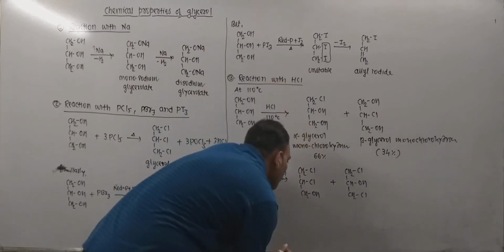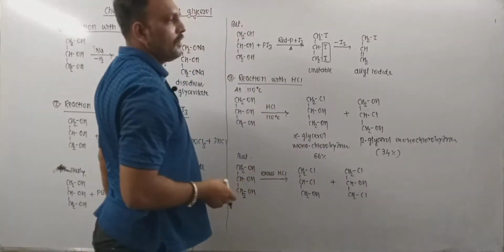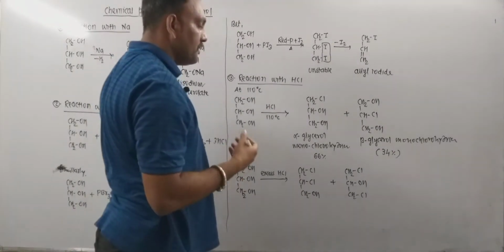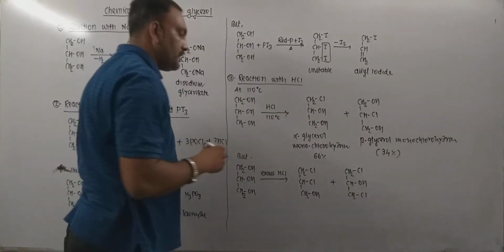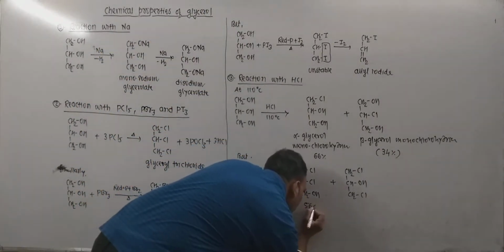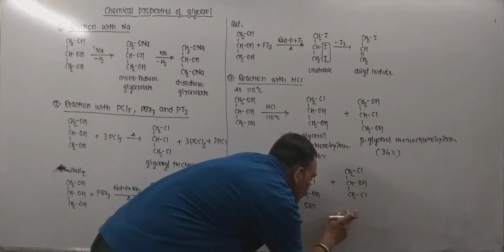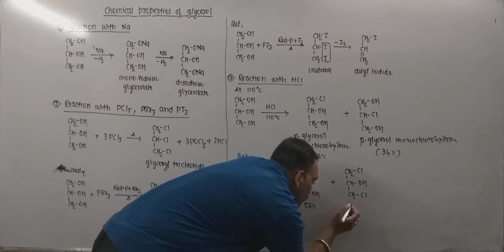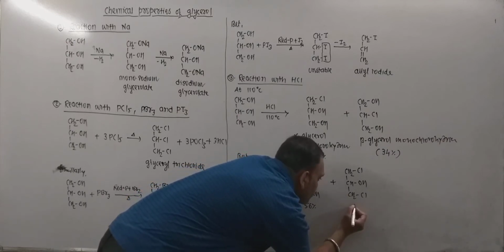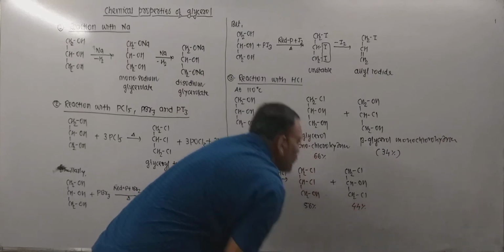Now this is alpha beta glycerol dichlorohydrine, which has 56% yield, and this is alpha dash glycerol dichlorohydrine, and it has just 44% yield.